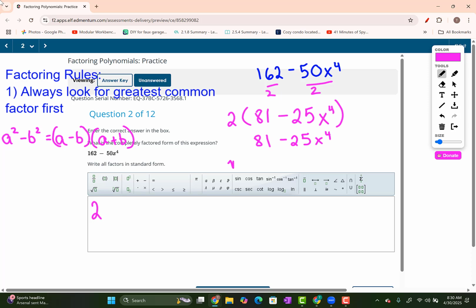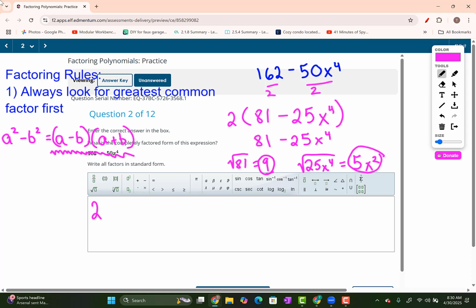So the square root of 81 is 9, and the square root of 25x to the fourth, what multiplies by itself to give you 25x to the fourth, well, that's 5x squared. You don't necessarily have to memorize this.